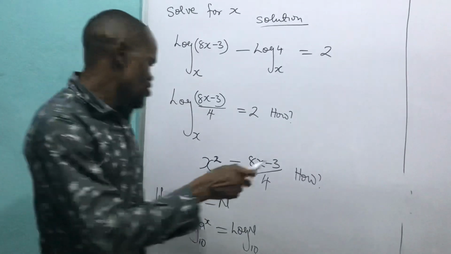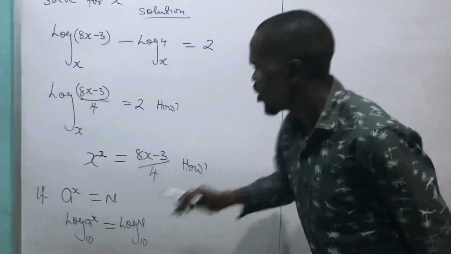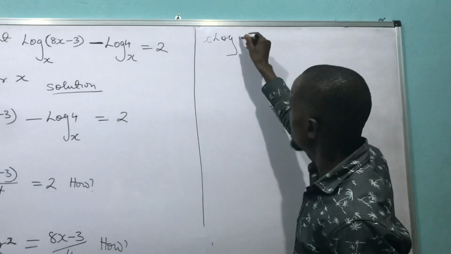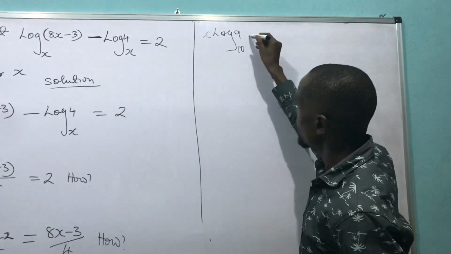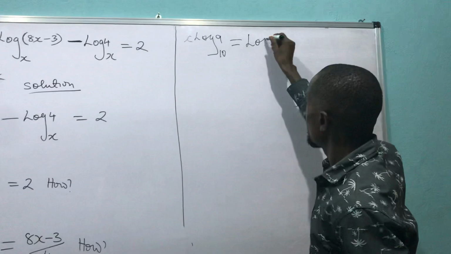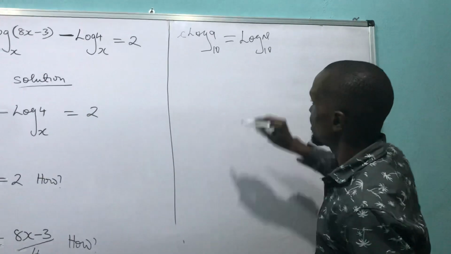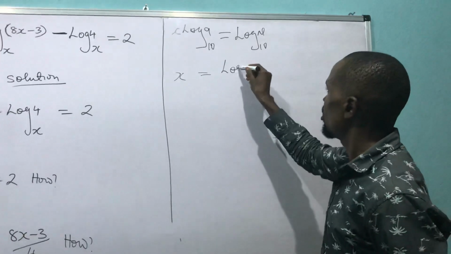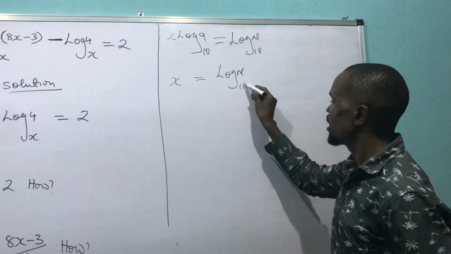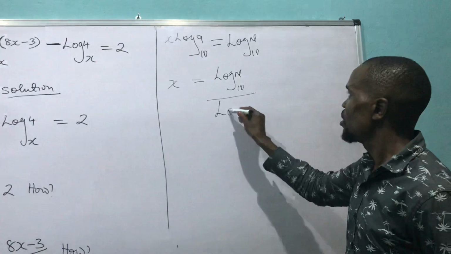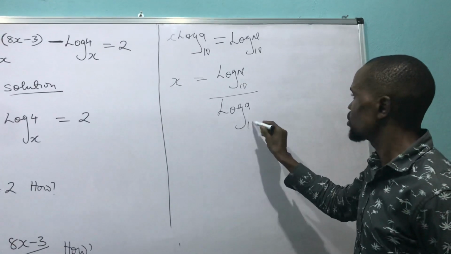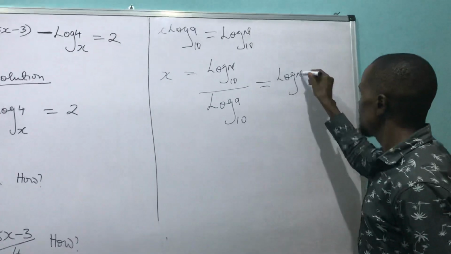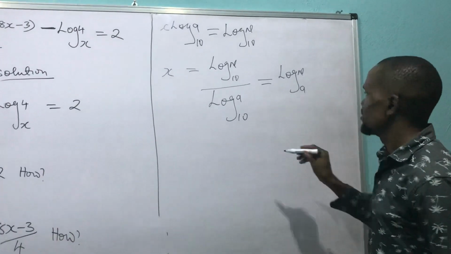Then looking at it, according to the law, this is x log a base 10 equals log n base 10. Making x the subject of the formula, I will have log n base 10 divided by log a base 10, which simply means log n base a.